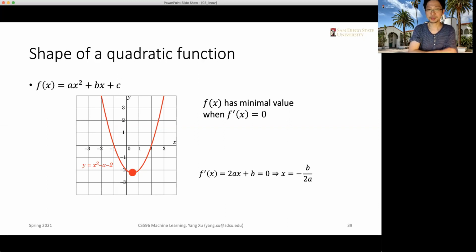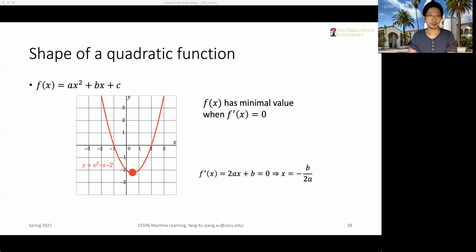So at this point, the quadratic function has a minimal value, and we can find this point by taking the derivative of the function with respect to our unknown variable, which is x here, and letting the derivative be 0. By solving this equation, we have x equals minus b divided by 2a, right? That is where x is. At this value of x, we will have the minimal value for the quadratic function.